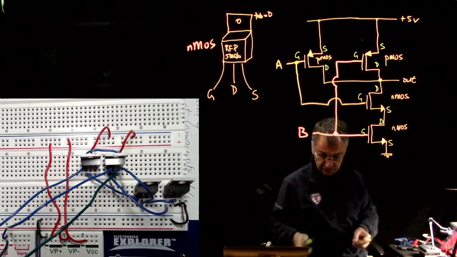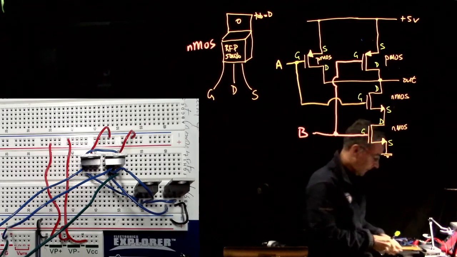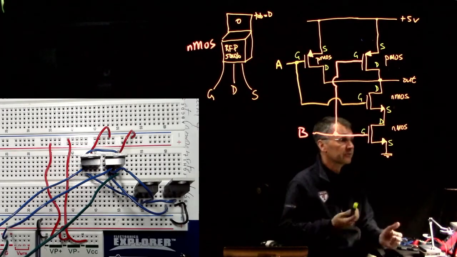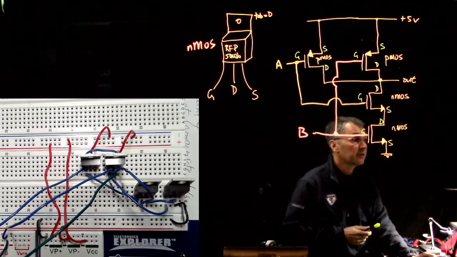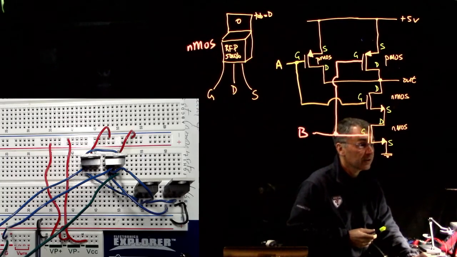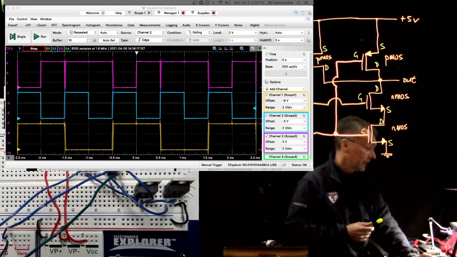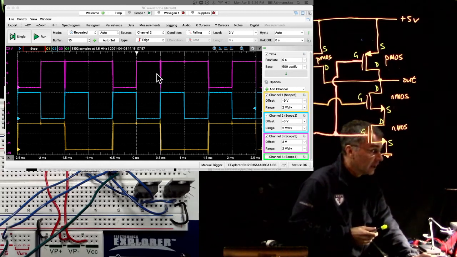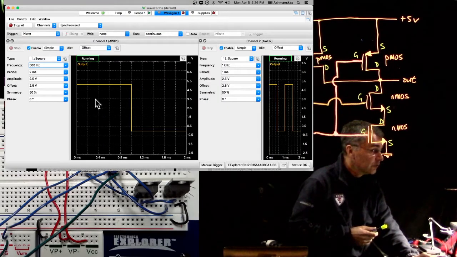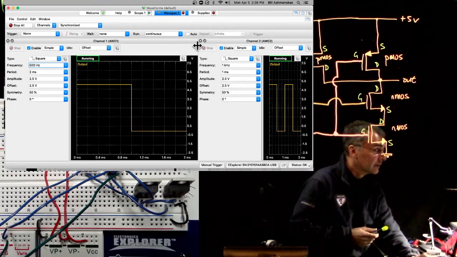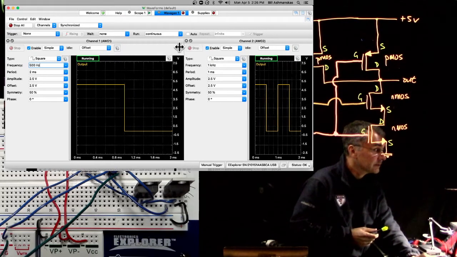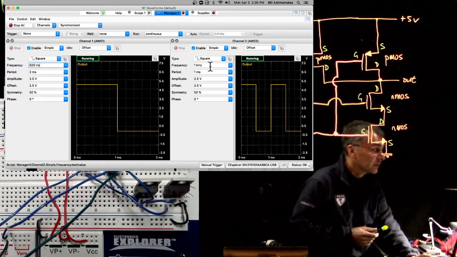Now let's test it out. Instead of using push buttons, I'm using the waveform generator to test it. I have 2 channels of waveform generator synchronized. Channel 2 is a kilohertz square wave.